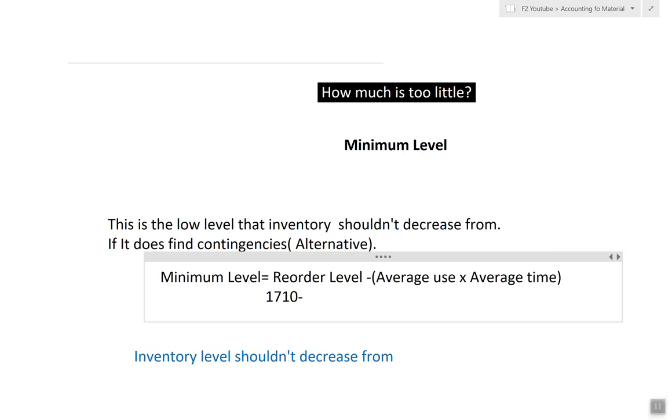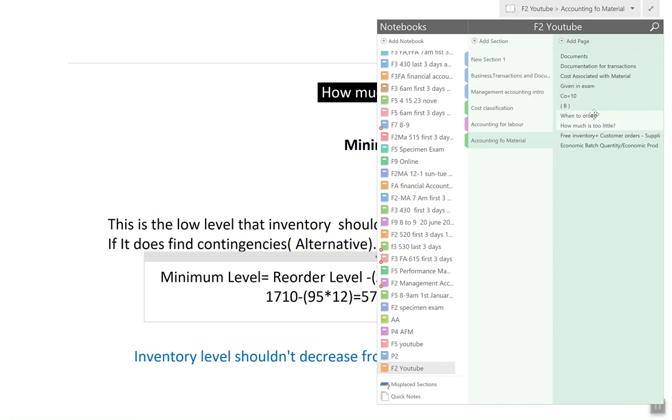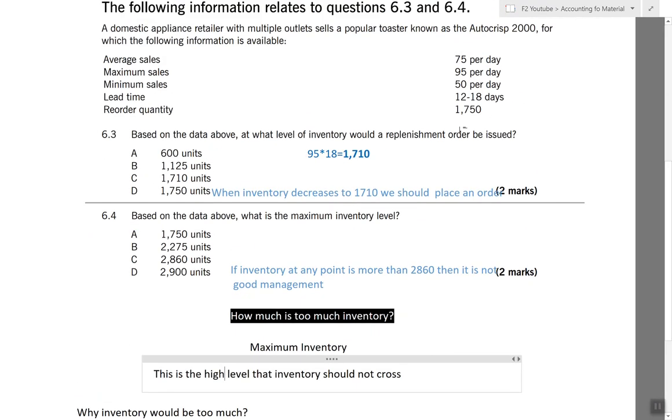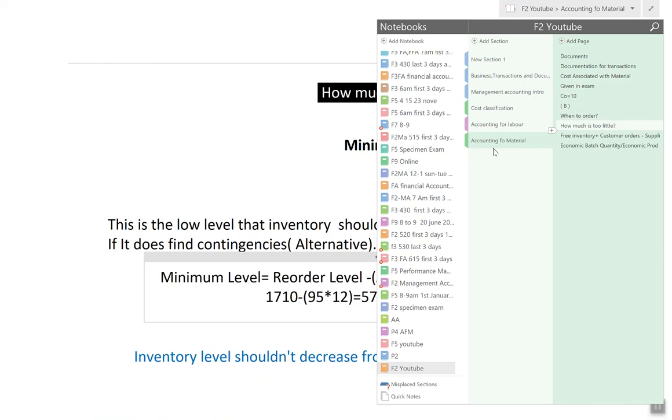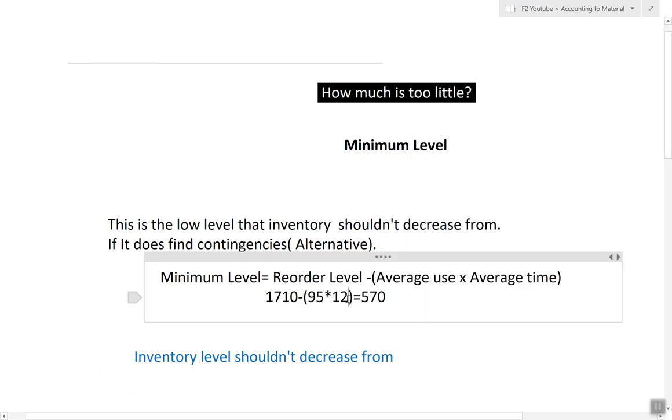Maximum usage was 95. Maximum time was 12. Was it 95? Maximum use is 95, 18, sorry. Usage is 95, but maximum time is 18. So what it does is it gives me 0. So obviously 0 would not be the answer.